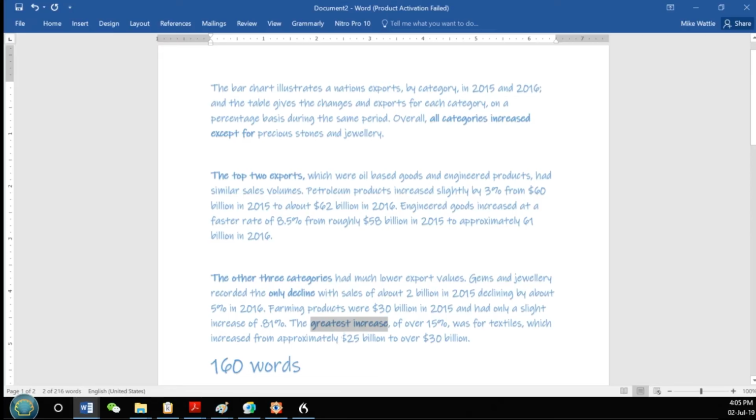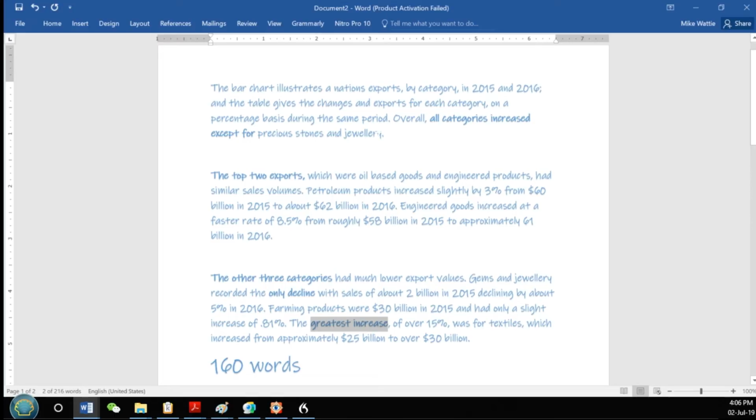So for me, these are the important pieces of information. The top 2 exports, the other 3, which one declined and which one increased the most. And this is why this can get to 9, because of the level of highlighting. It's very hard to get to 9 otherwise.